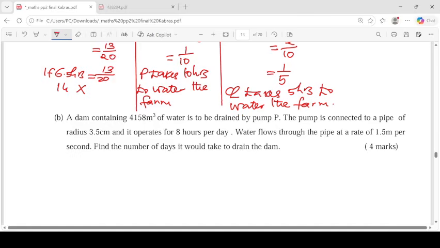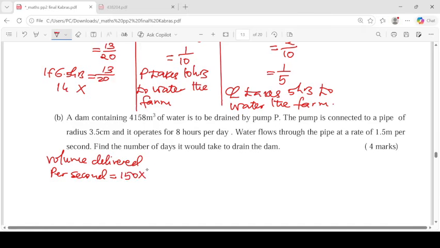So first of all, I'm going to get the volume delivered per second. This will be given by the length of the pipe, which is 1.5 meters, in centimeters that will be 150.